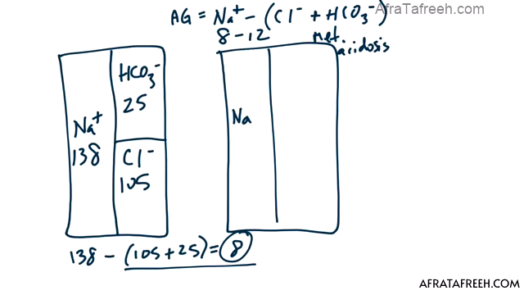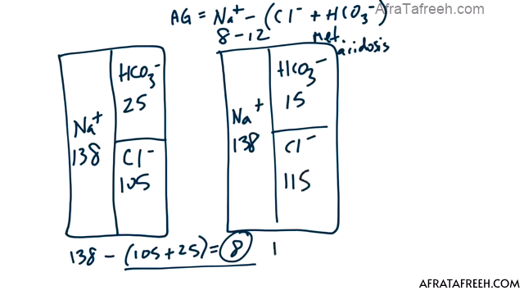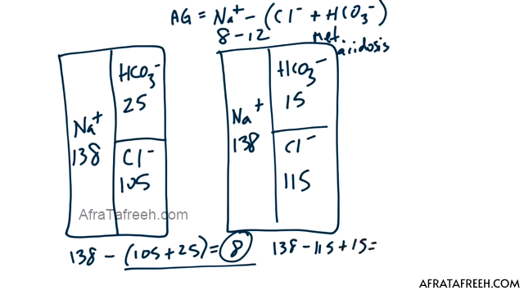Let's say the sodium concentration has stayed the same. The bicarbonate has decreased to 15, and the chloride has increased to 115. If we plug these numbers in, we get 138 minus 115 plus 15, or 138 minus 130, which again is 8, which is a normal anion gap.